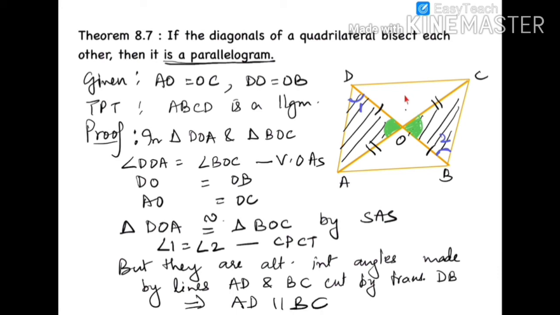Likewise, we can show triangle DOC congruent to triangle BOA and proceed in the same manner and show AB parallel to DC. The steps are going to be exactly same. So this will be part of your assignment.